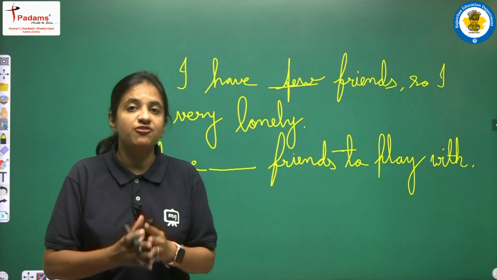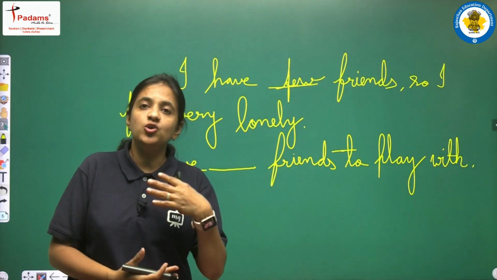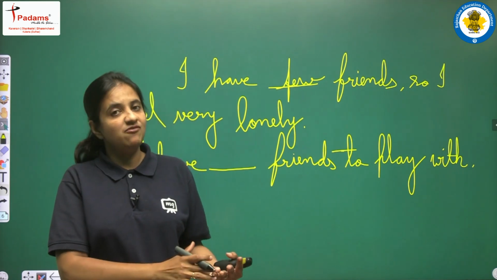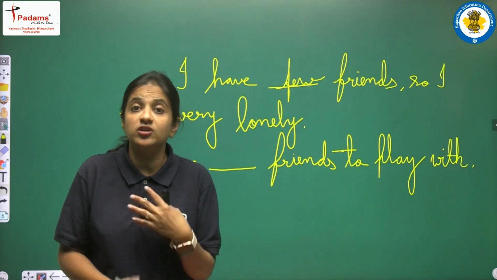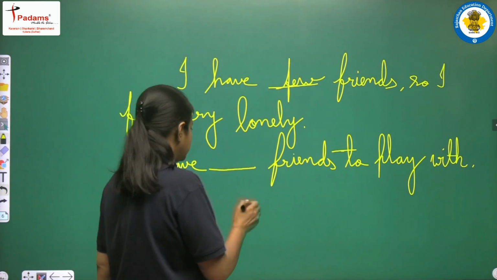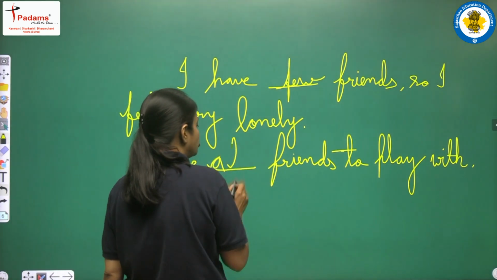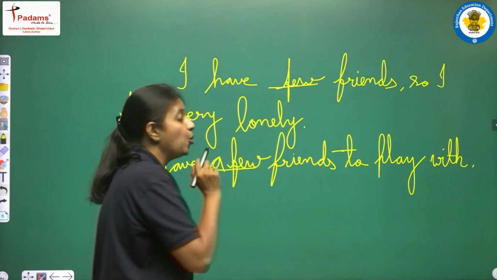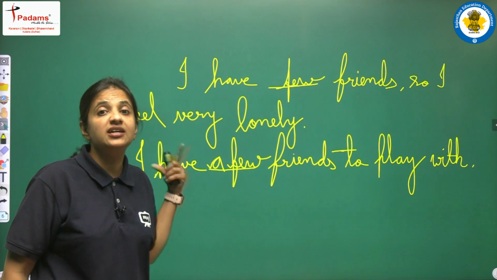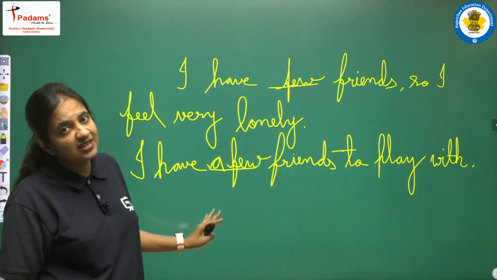Okay, so yes, friends हैं, maybe they are small in number, but still some friends are there. So yes, here we are talking about friends as a positive term. Here we are talking about friends in a positive sense. So this is the reason now we have to use a few, that is a positive word. So now in this blank, a few will be the correct answer, it will be the correct option.